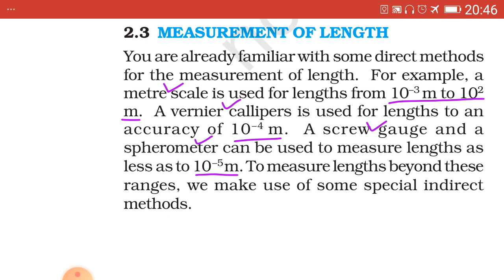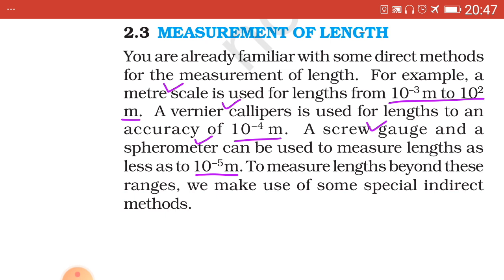Now the vernier caliper is used for lengths to an accuracy of 10 raised to minus 4 meter. How this comes we see. This apparatus you will see in practicals. Generally it is used to measure the length of a hollow cylinder, its external diameter and also its internal diameter. Rather, this apparatus is used to measure lengths smaller than that of the scale. So it can measure the length up to 2 decimals.